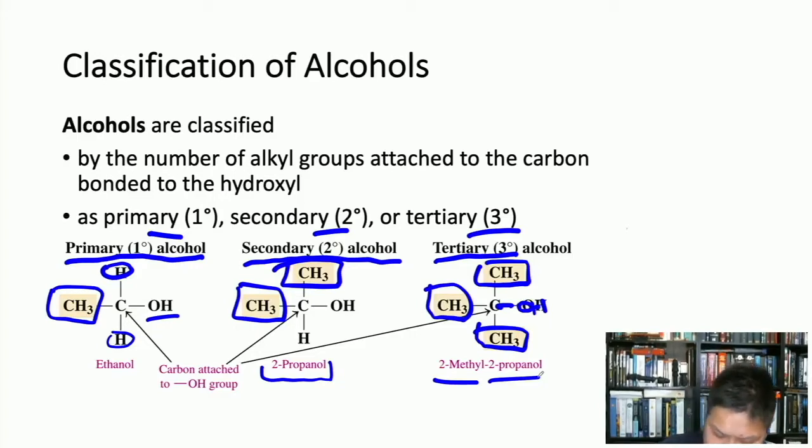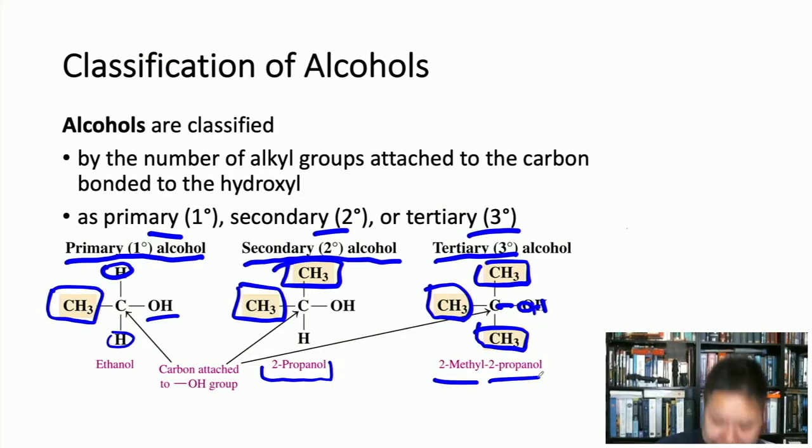So yes, we can classify alcohols as either primary, secondary, or tertiary, and that has implications on what kind of reactions these alcohols can actually participate in, right? But before we can talk about reactions of alcohol, let's talk about how soluble it is in water, because most reactions happen in water, right?